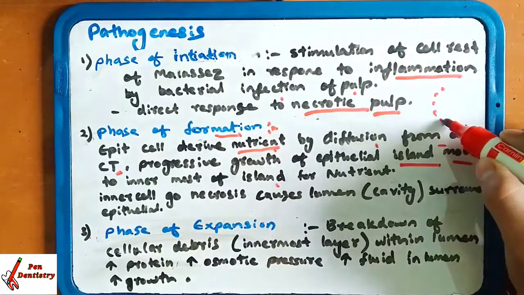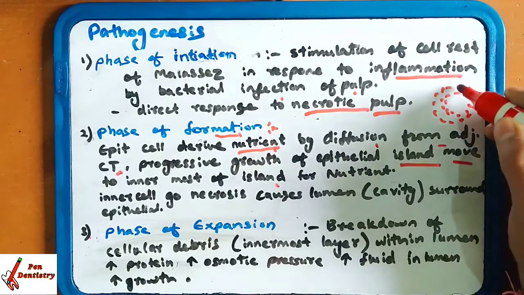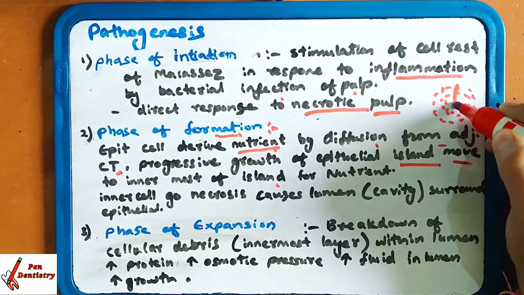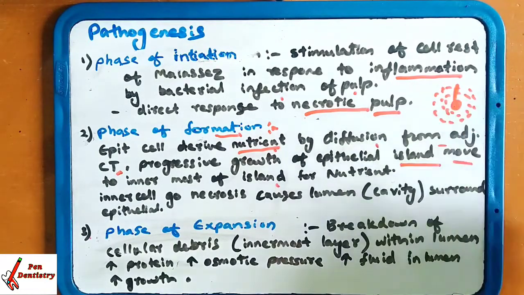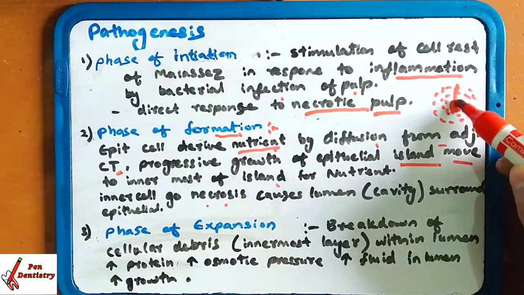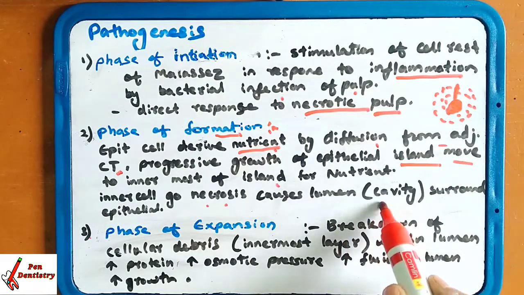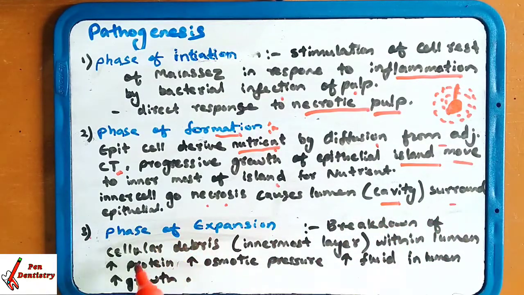Think that it is the epithelium and there are the cells. So the nutrition moves to the innermost cell, and afterwards the inner cells go to necrosis. This necrosis of the inner cells causes a lumen, or cavity, surrounded by epithelium.